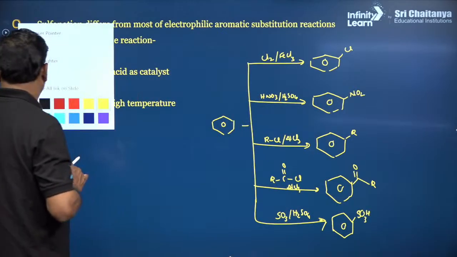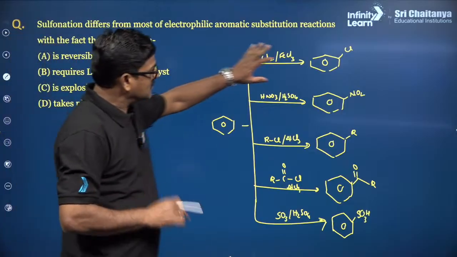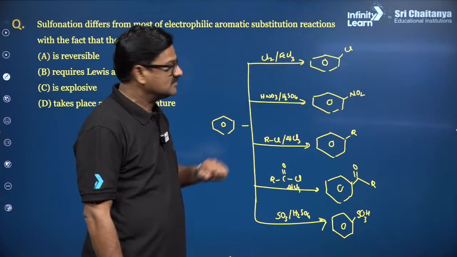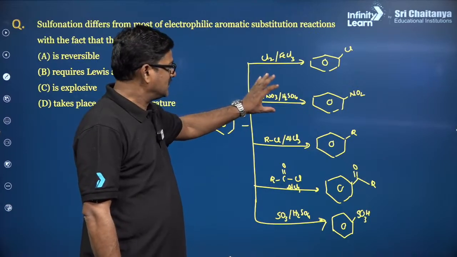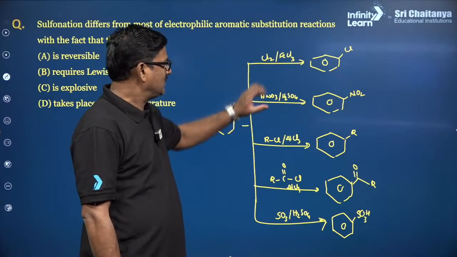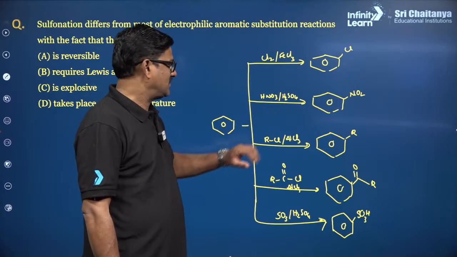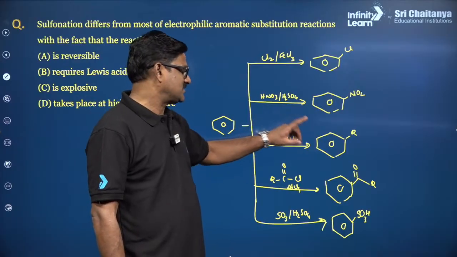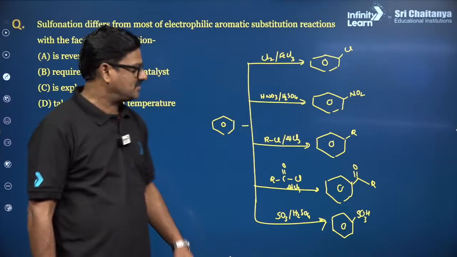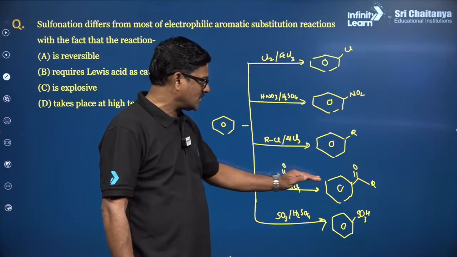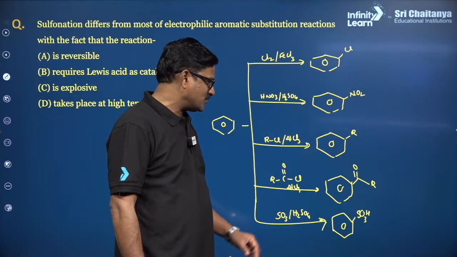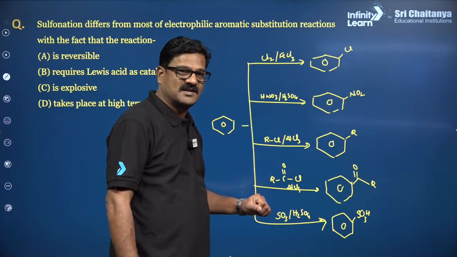My dear children, this is called chlorination of benzene, and Cl+ is an electrophile. Nitration of benzene, NO2+ is an electrophile, R+ is an electrophile. This is called Friedel-Crafts alkylation, and this is acyl chloride, so acylated benzene is formed. This is called Friedel-Crafts acylation.